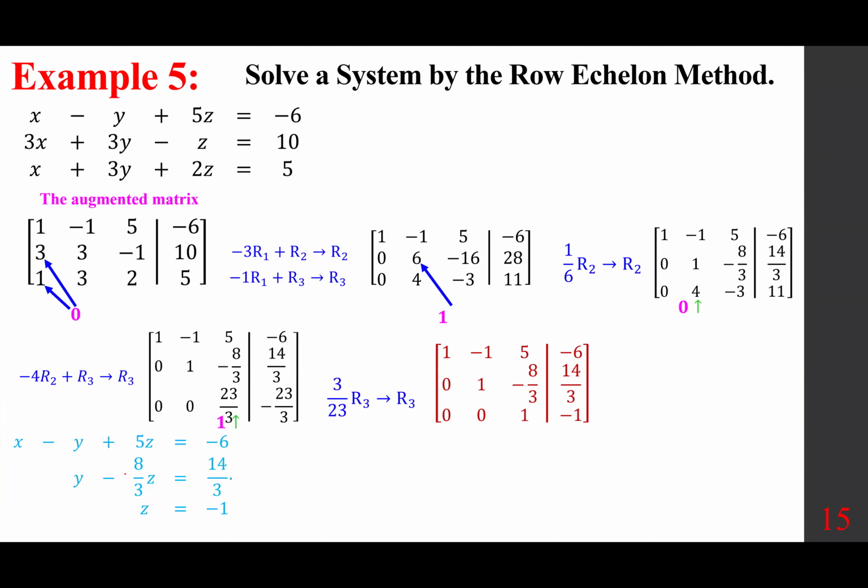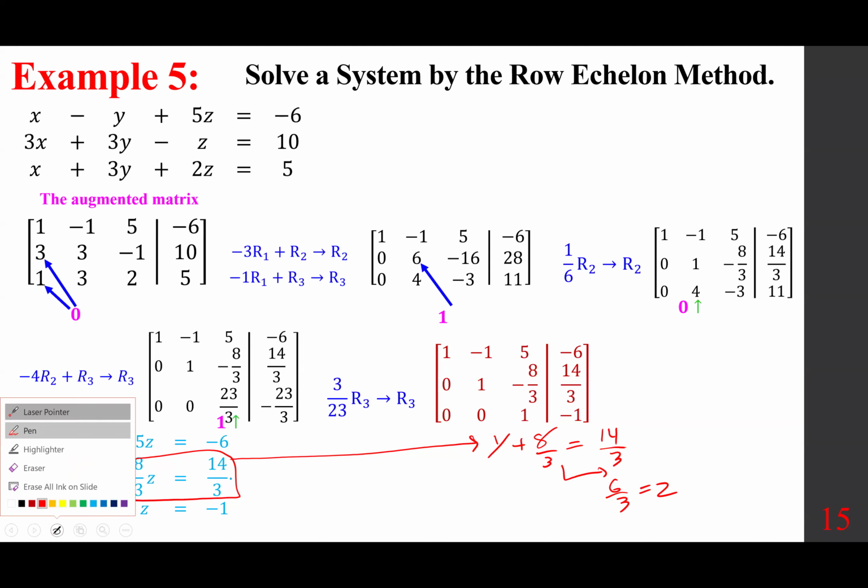So for this one, everybody, I'm going to write 1 minus 8/3 times -1 is +8/3 equals 14/3, and you subtract it, you get 6/3 or 2. So we have -1 for z, 2 for y, put it in there.